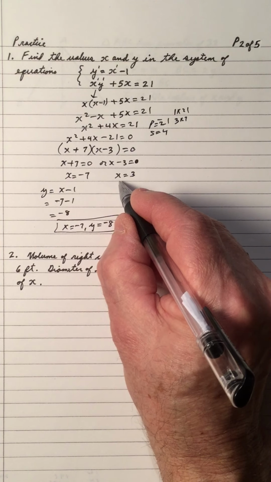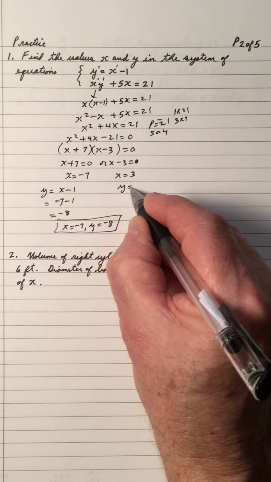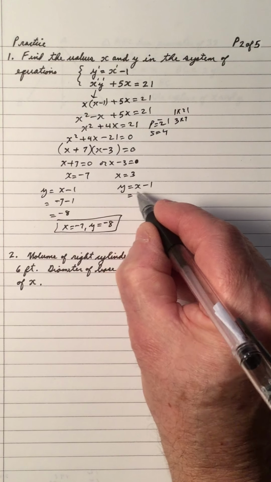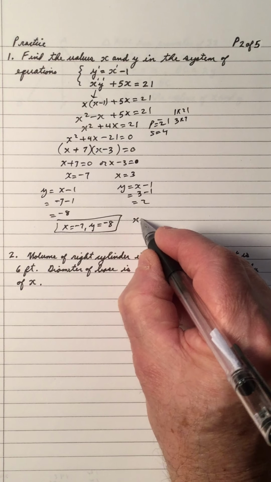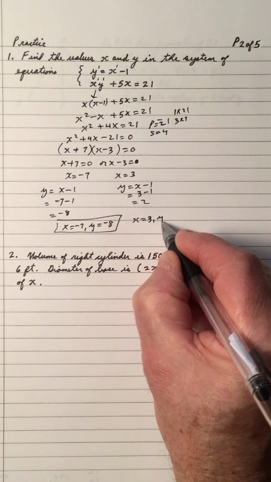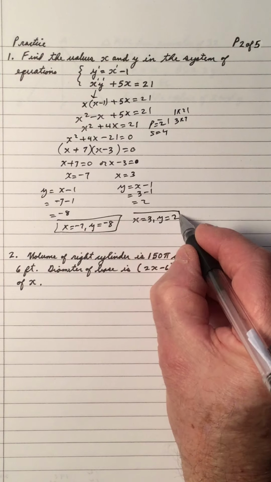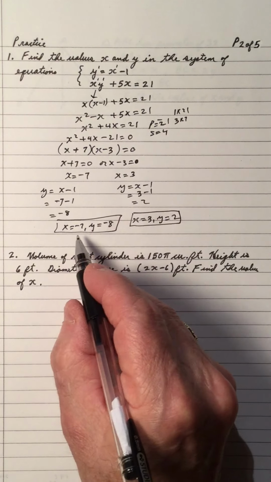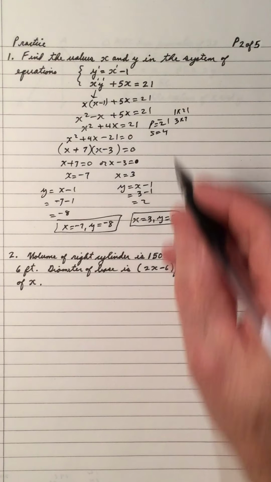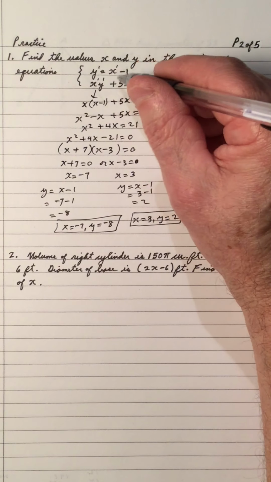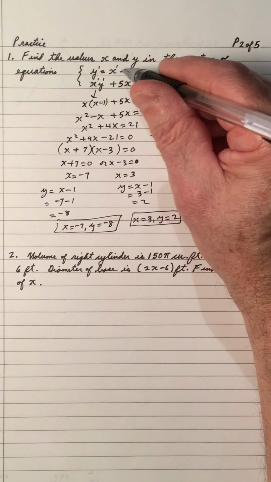And what about when x is 3? So y equals x minus 1, x is 3, so 3 minus 1 is 2. So when x is 3, y is 2. So there's two pairs of numbers, negative 7 and negative 8, or 3 and 2. Those are the values that fit this system of simultaneous equations.